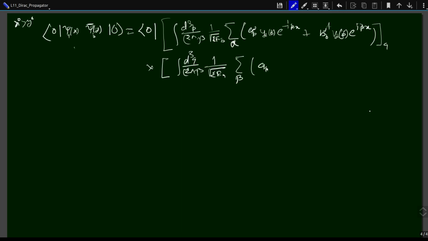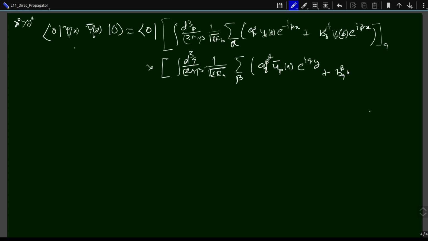a q beta dagger, because complex conjugation is taken, u beta bar q exponential i q dot y. Okay, note that it's at position y, plus b q beta dagger gone.